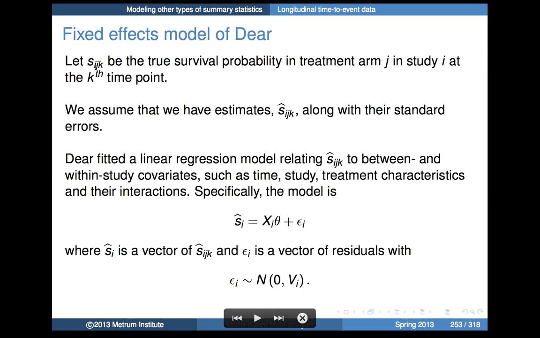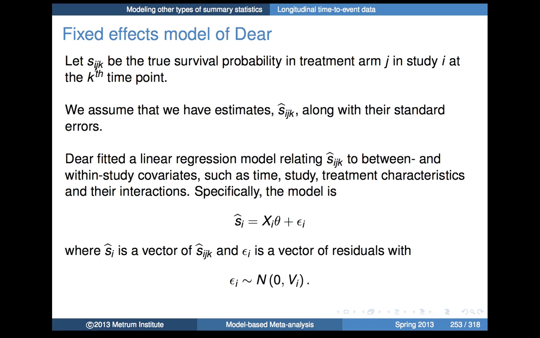And so what Deer said is, let's fit a linear regression model that relates the S hat to both between and within study covariates. The within study covariate might be something like time. Between study covariate might be like a study effect. Could be treatment characteristics, could be either within or between study covariate, and possibly some interactions.